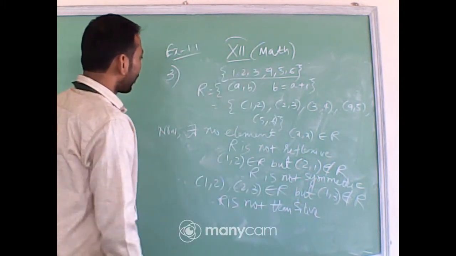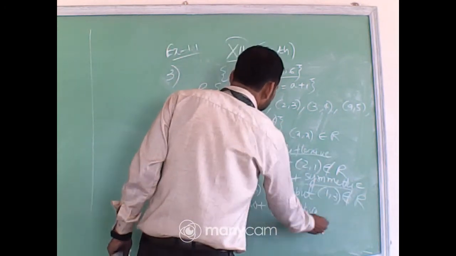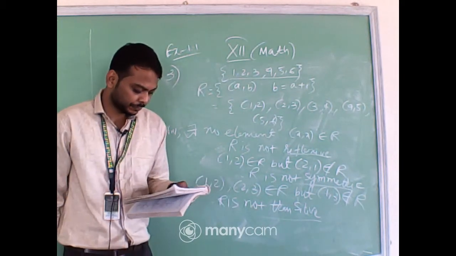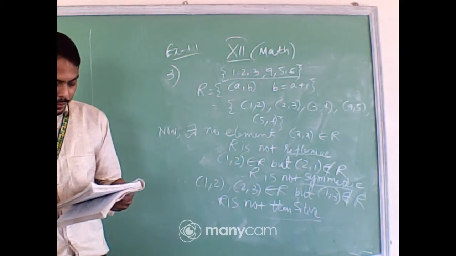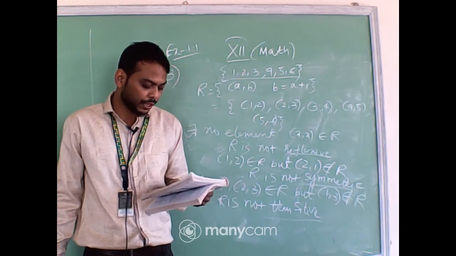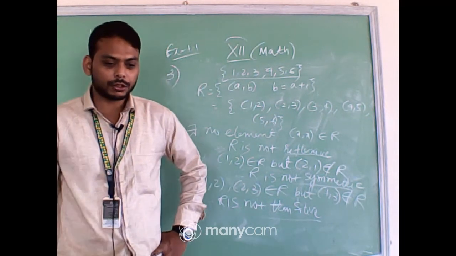So R is not reflexive, not symmetric, not transitive. Question number 3: you are asked to check whether the relation is reflexive, symmetric or transitive.